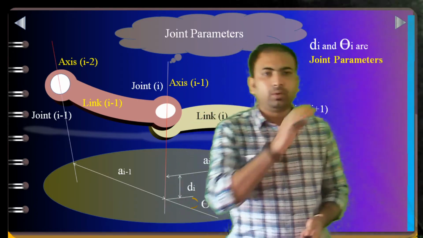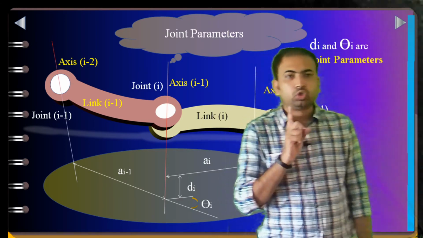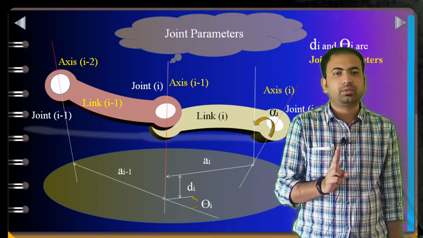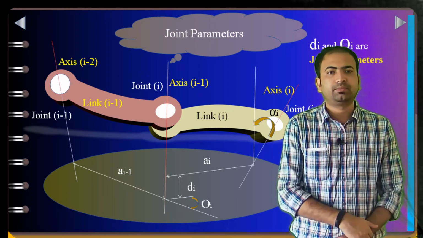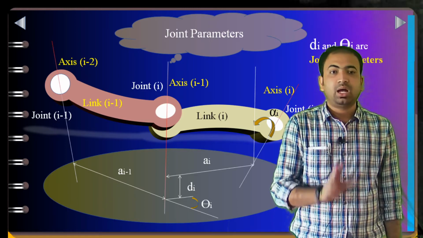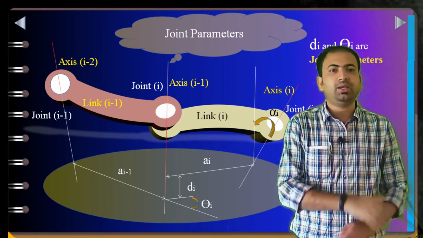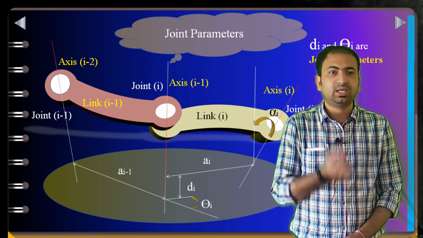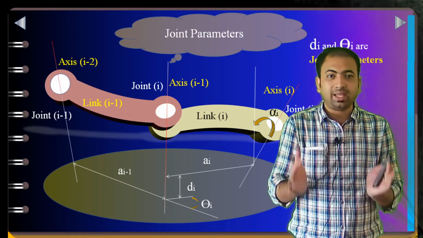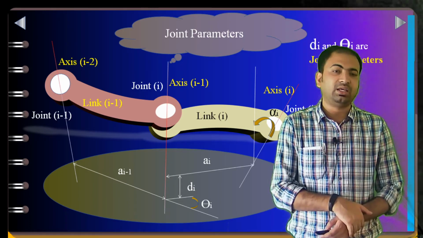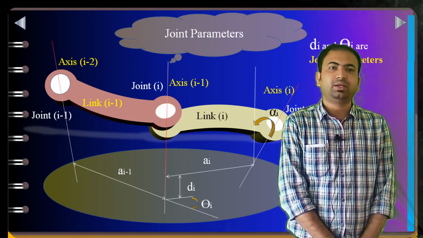So we found a total of 4 terminologies: 2 link parameters and 2 joint parameters. The link parameters are ai and alpha i, where ai is the link length and alpha i is the twist angle of the link.